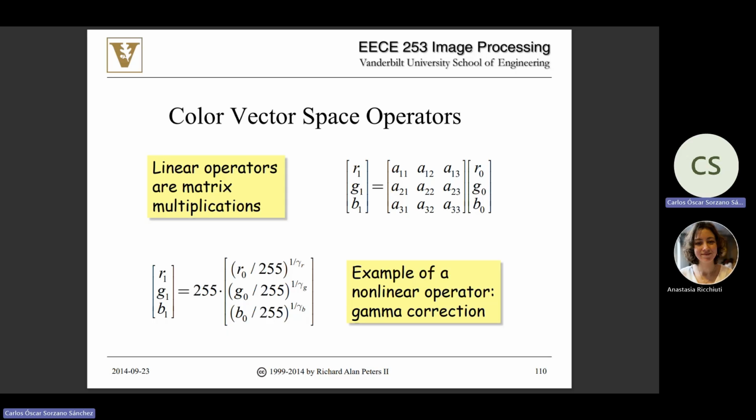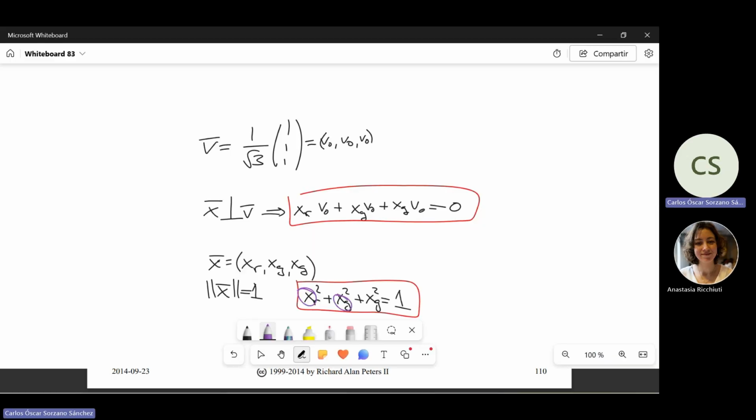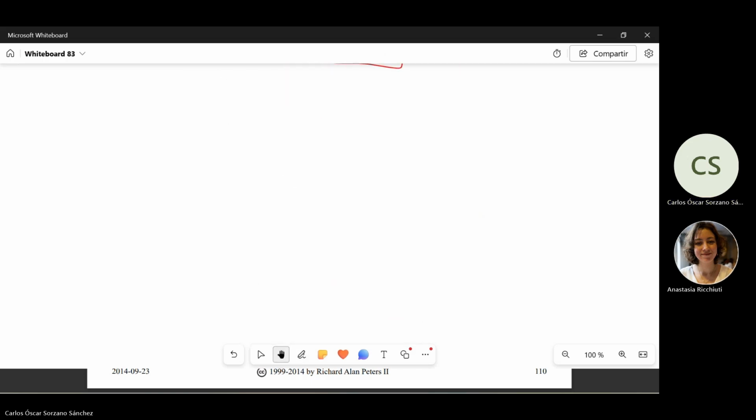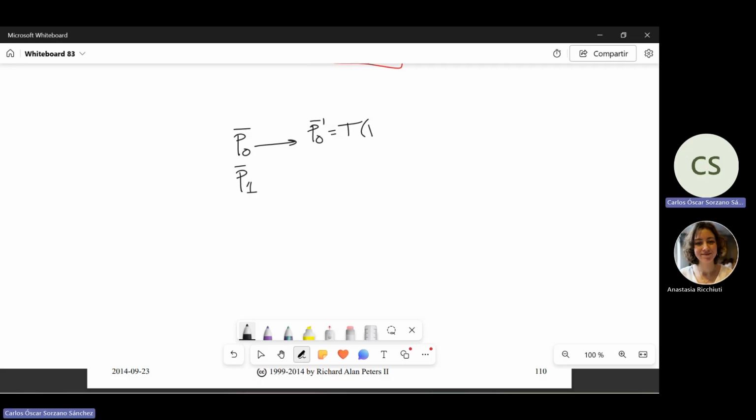And the definition of linearity: a transformation is linear if, let's say that you have a couple of colors, P0 and P1. This is transformed into P0 prime through the transformation. This is transformed into P1 prime through the transformation.